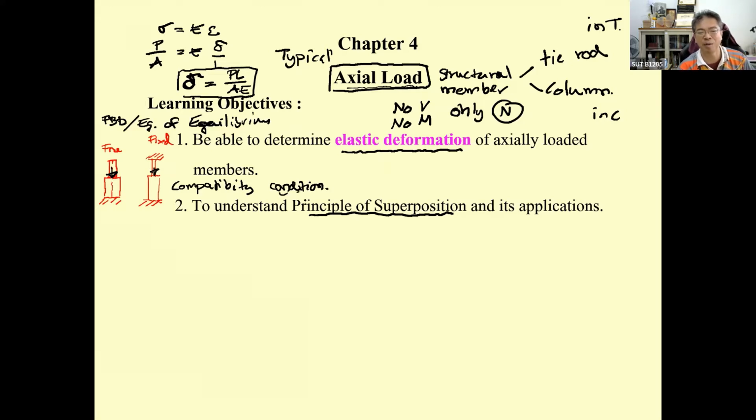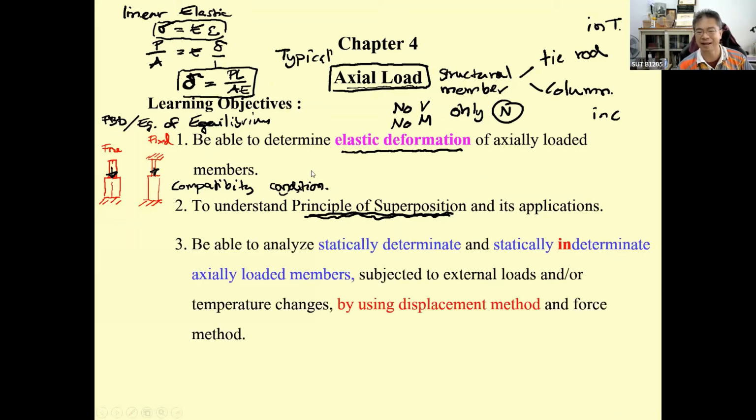By putting the compatibility condition into the problem, we're going to use this principle of superposition. And this principle of superposition is also linked to linear elastic behavior. So in all of chapter 4, the structure must be in linear elastic.